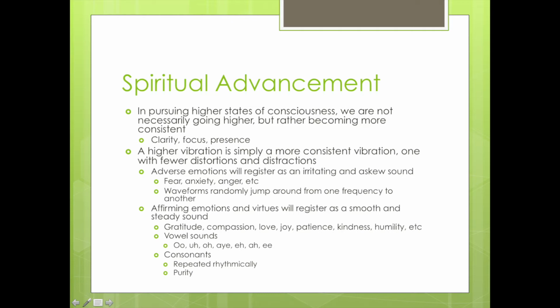So there is often a confused or blurry trait associated with these embodiments. Affirming emotions and virtues, on the other hand, will register as a smooth and steady sound. So those emotions that we mentioned earlier are more stable, more inviting.